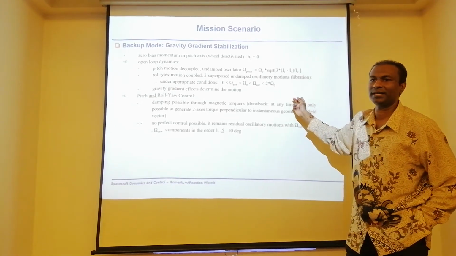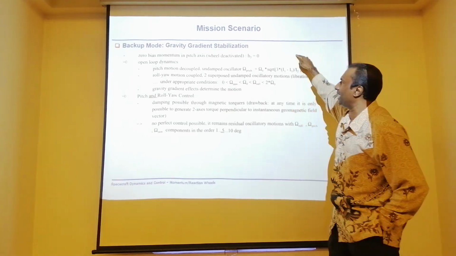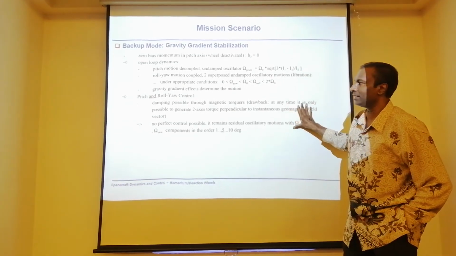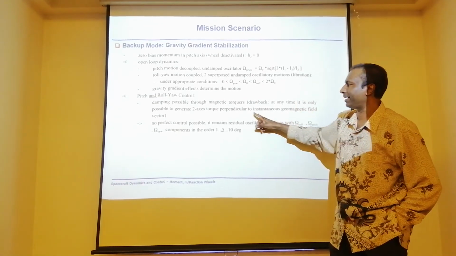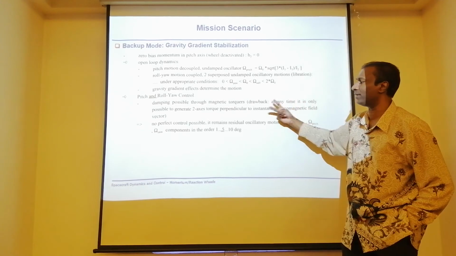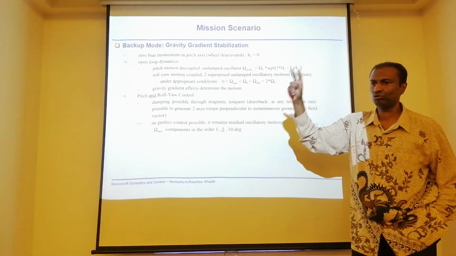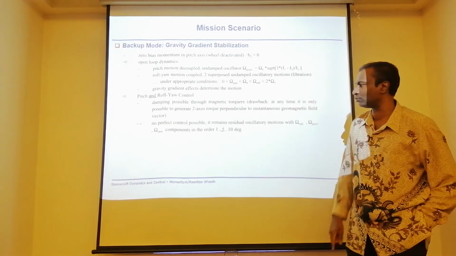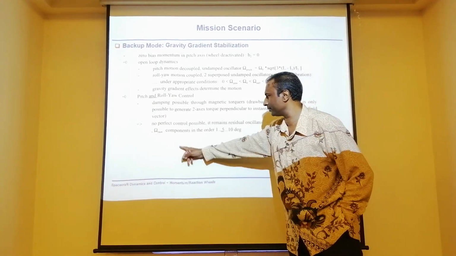We have covered this in chapter 4. Again, go back to gravity gradient stabilization. Damping is possible through magnetic torques, B dot, but the problem is that again you can have only two axes at one time.